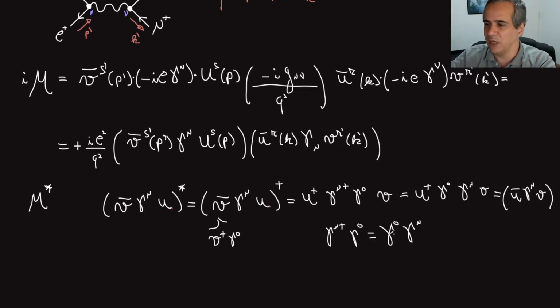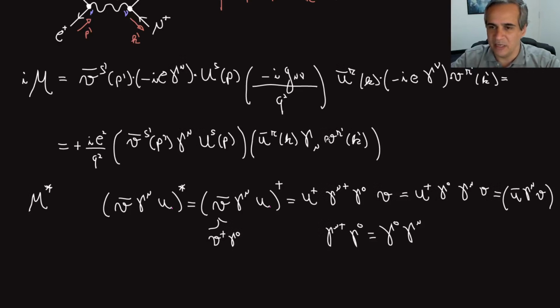I don't use any special properties of U or V. So when I take the complex conjugate of an object like that, with gamma nu in the middle, I just exchange these two guys here, and I can use that straight away.